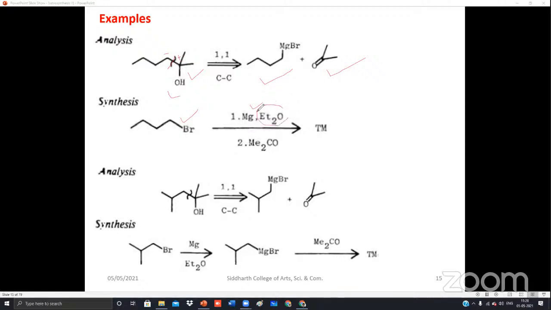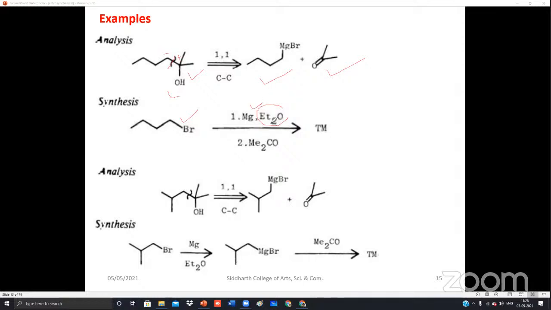What does in situ mean? In the flask, you have taken the halide and added magnesium metal in completely dry conditions. Your solvent should be completely dried over sodium metal. Then, under completely anhydrous conditions, you pour in the acetone and the reaction will occur. So this is what in situ is.